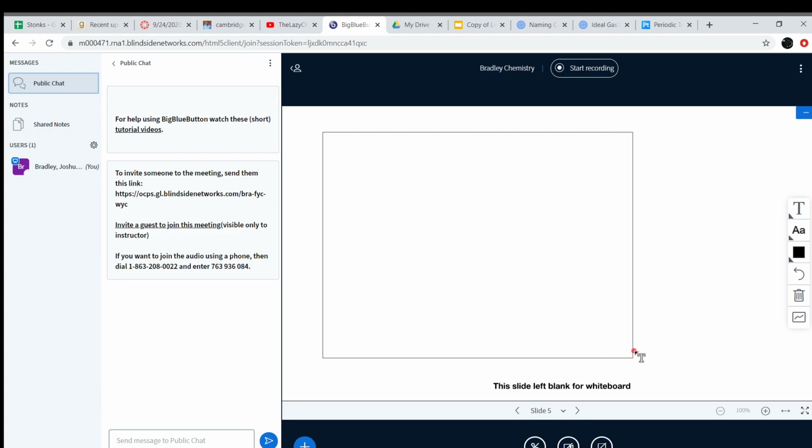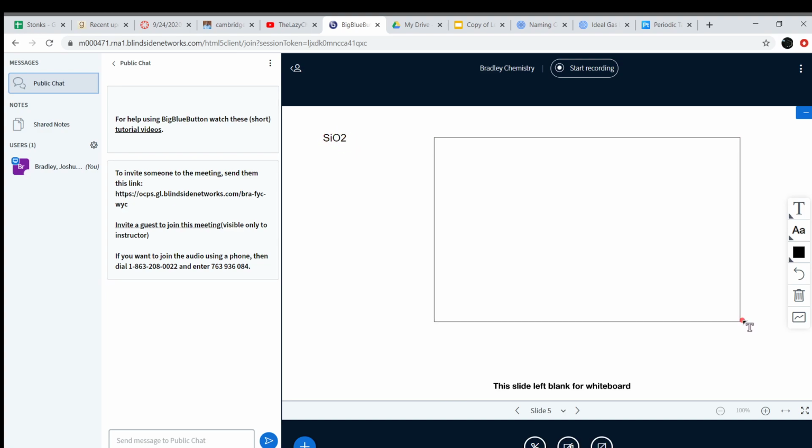So let's go ahead and do another one here. SiO2. We have silicon and 2 oxygens. So this one is going to be silicon, let's spell it right, silicon, and then it's going to be dioxygen.